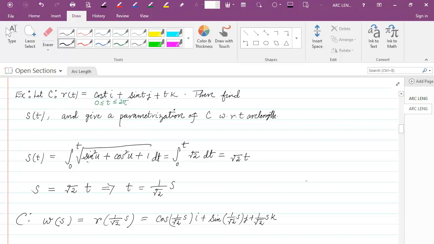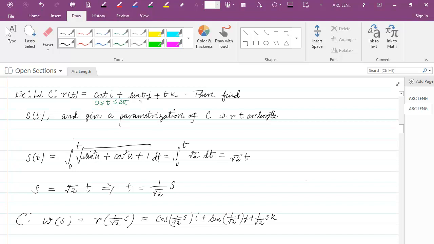And so remember that we look at the x component of r of t, and we take the derivative of that with respect to, well, instead of t, because we are using t as the upper limit here, let's use u. So let's say r of u. The first component of r of u would be cosine of u. A derivative of that would be negative sine u, and if I square that, I get sine squared of u.